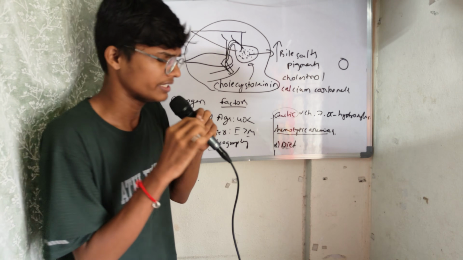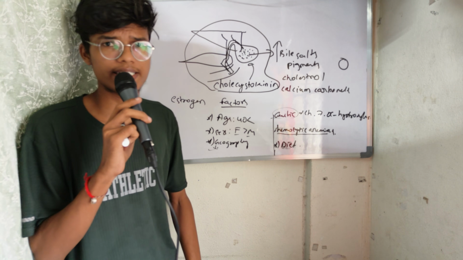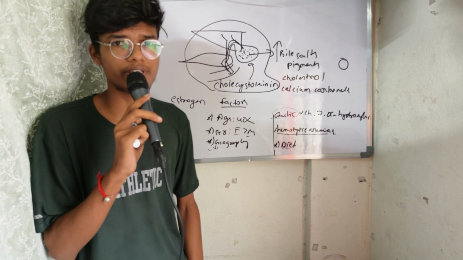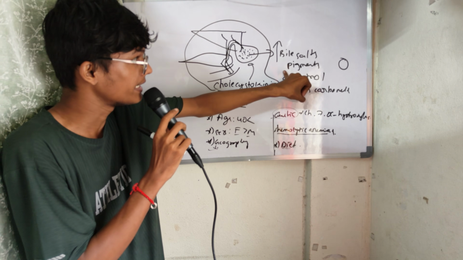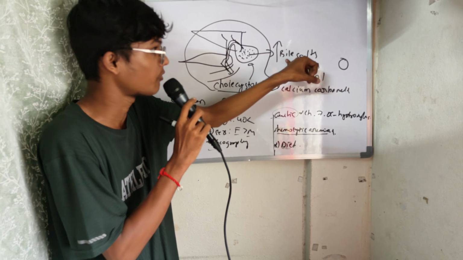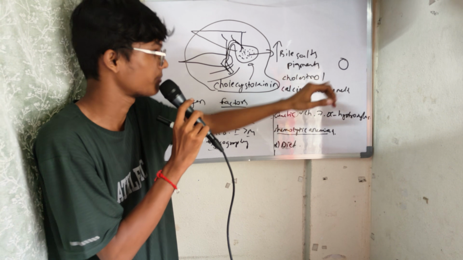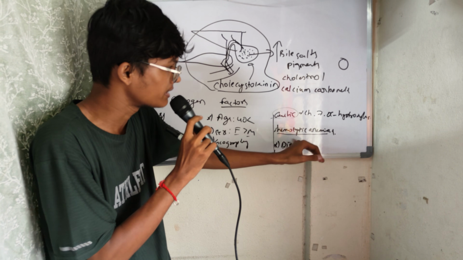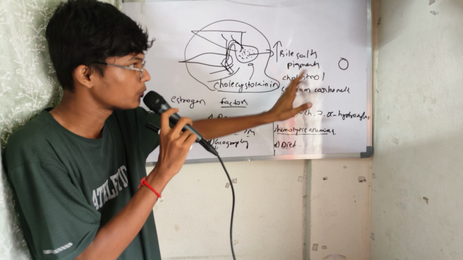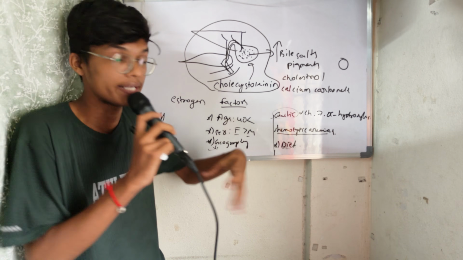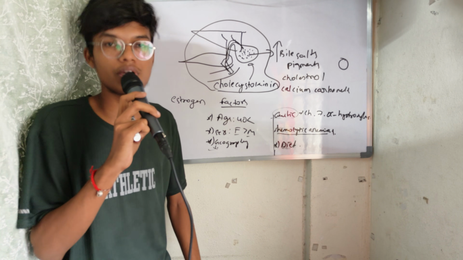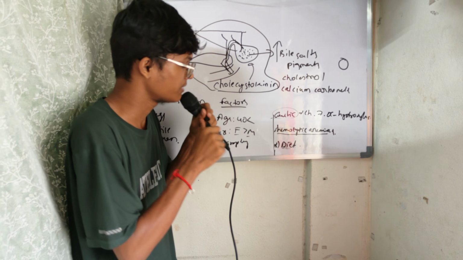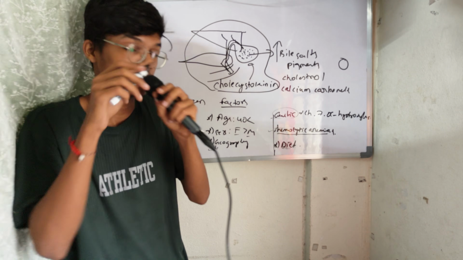Hemolytic anemia: whenever hemoglobin is degraded there will be production of bilirubin, right? That bilirubin is the pigment here. The constituents of bile are bile salts, bile pigments and cholesterol. Now this bilirubin will be increased due to excessive damage of RBCs, so it might be the reason for pigment stones.